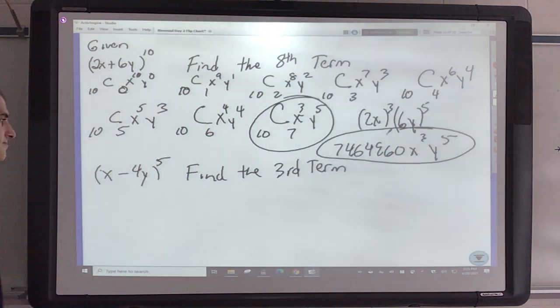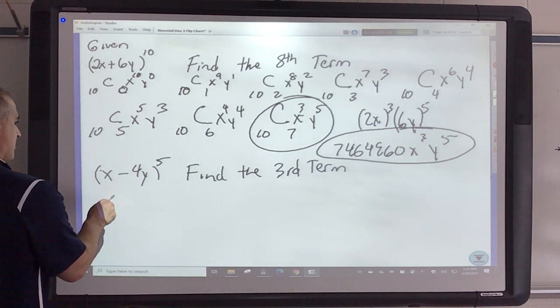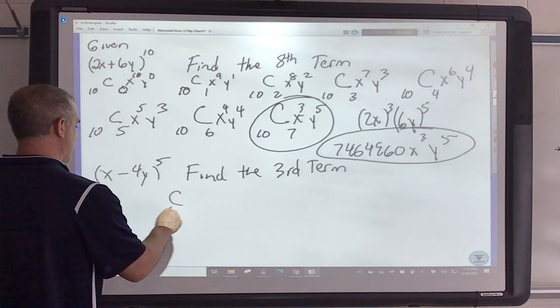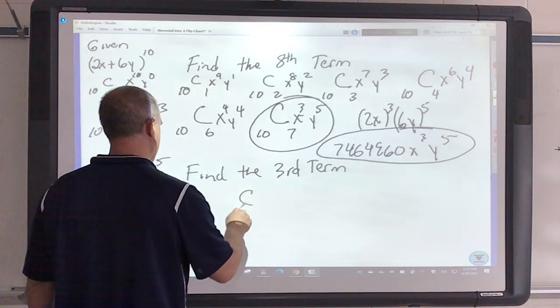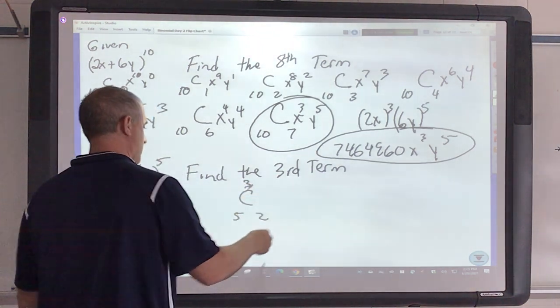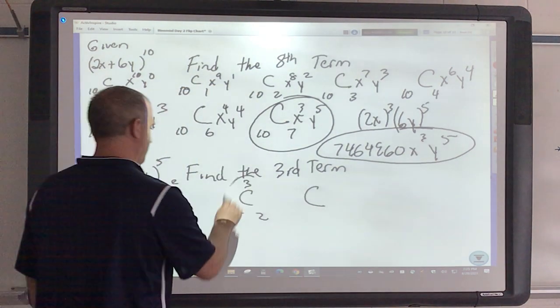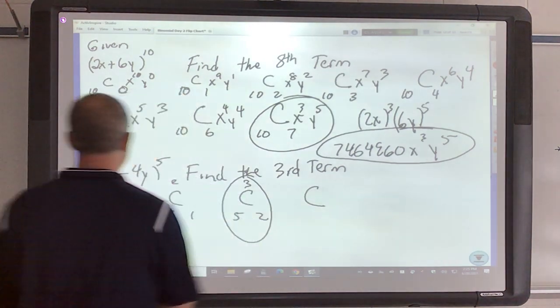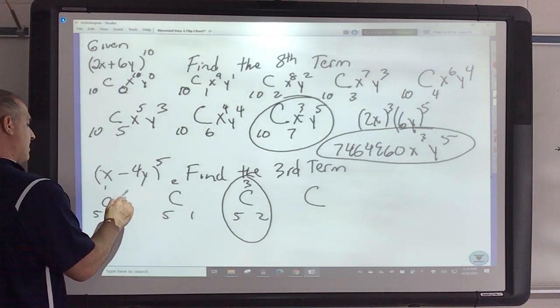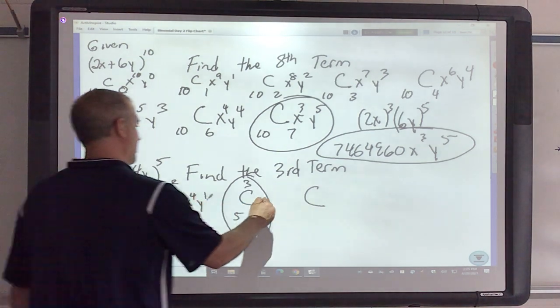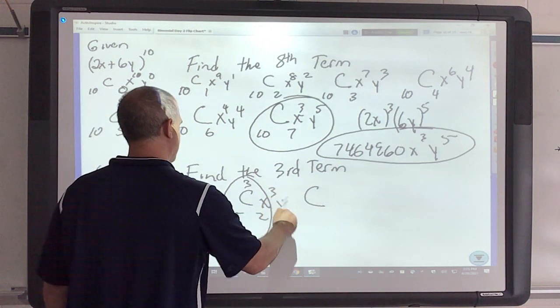Go ahead and find the third term of this. So I would start with C5 0, that's the first term. Second, third. So first, second, third. This is all I need right here. What would that be? That'd be x5, y0, x4, y1, x3, y2.